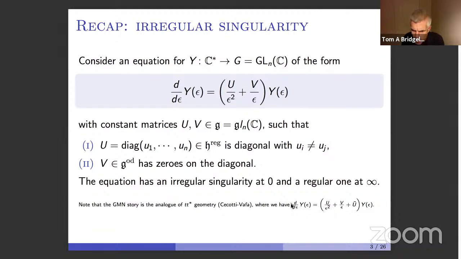I mean, you should put epsilon on this side, right? So then you've got u over epsilon plus v plus epsilon u bar. And then you send u and epsilon both to 0, keeping their ratio constant. Then this term just goes away. And I think that's the analog of the conformal limit somehow.